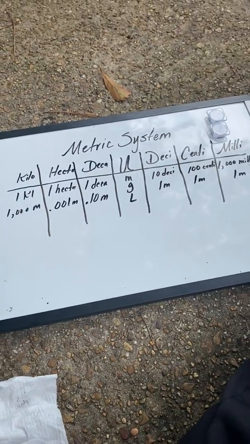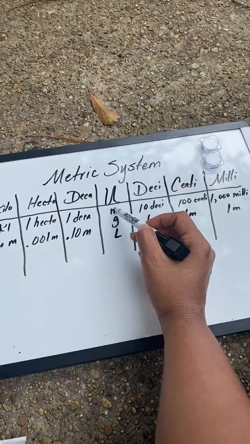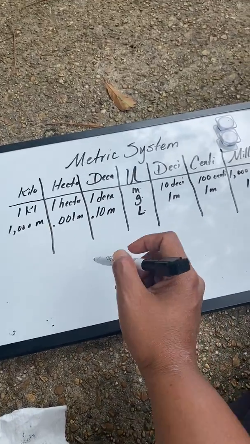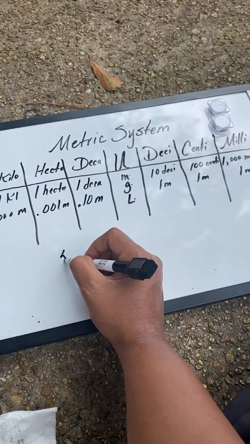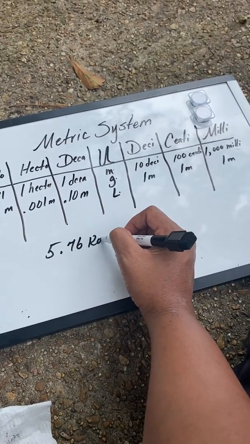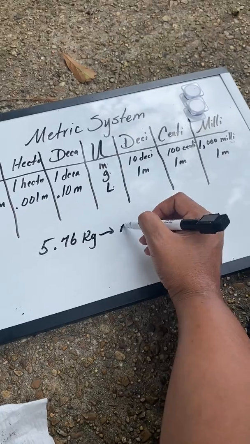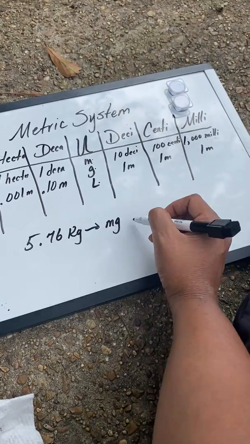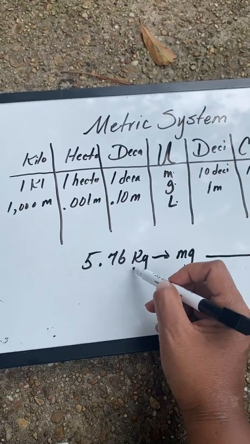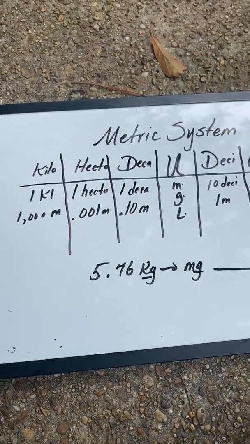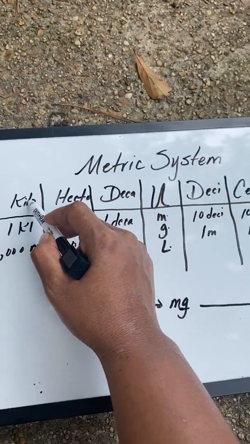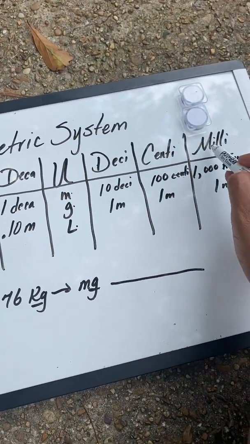All right. Remember, guys, meters, grams, liters. Here are the practice problems. 5.76 kilograms to milligrams. What is that number? We're going from kilogram to milligram, so we're going all the way over to the milli.